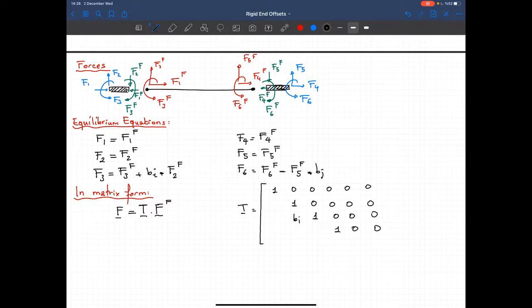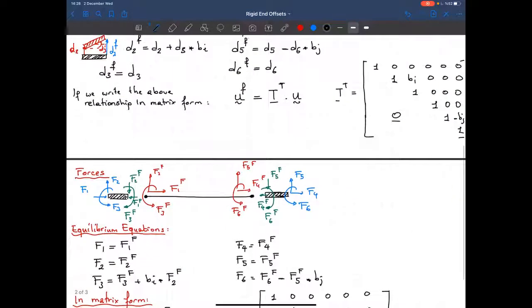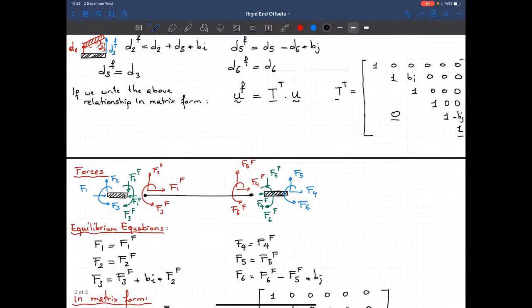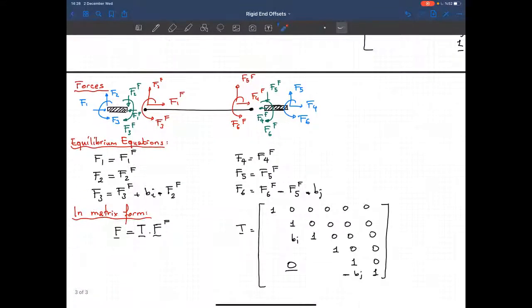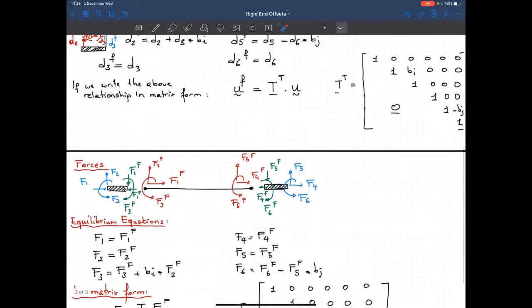The other remaining equations are minus Bj and 1. And that's the other transformation matrix. Okay, and the rest of this equation is 0. Now when you compare these two matrices, that's the one that transforms the displacement, and that's what transforms the forces, and as you see, they are the transpose of each other.